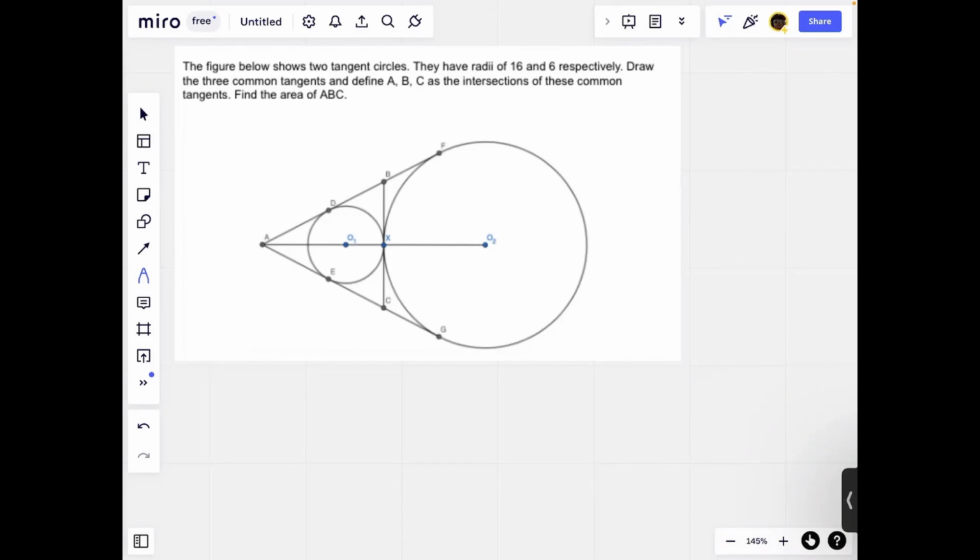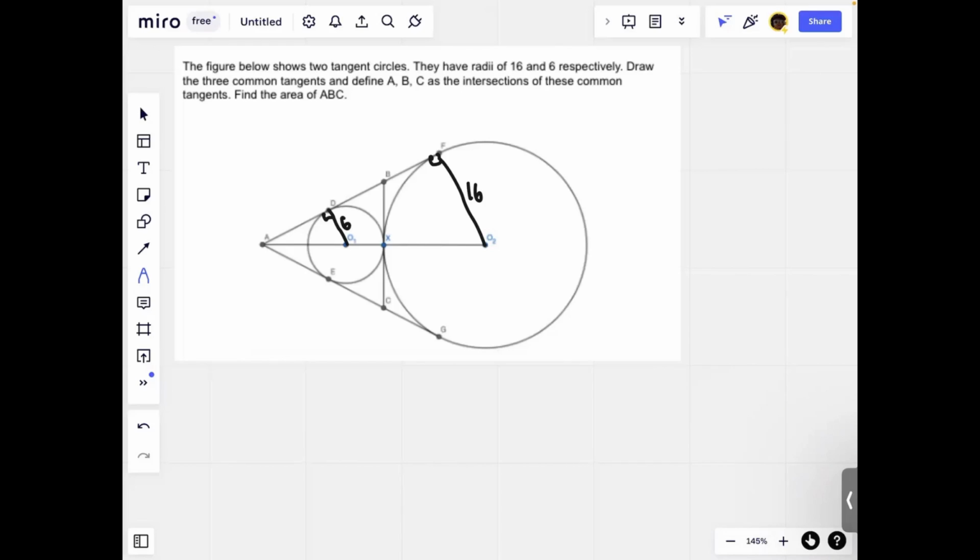So for this problem, we will have two circles of radii 6 and 16. Since it's tangent, O1D and O2F are perpendicular to line AB.